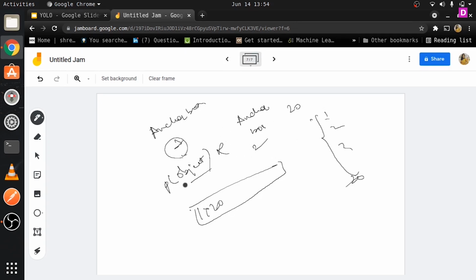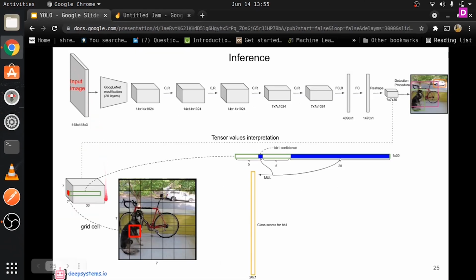For anchor box 2 also you get this probability, and you get these score values, the confidence that it has that particular class if there is an object. You multiply this whole thing, and again you get a 1 cross 20. So for each grid cell, how many values are you getting? For each grid cell you are getting 2 such 1 cross 20 vectors.